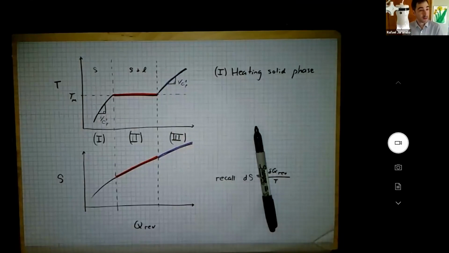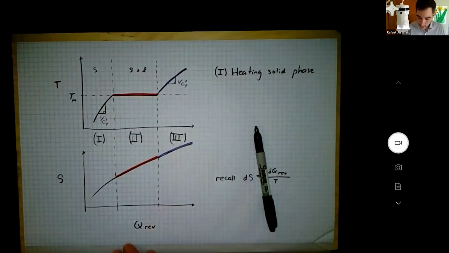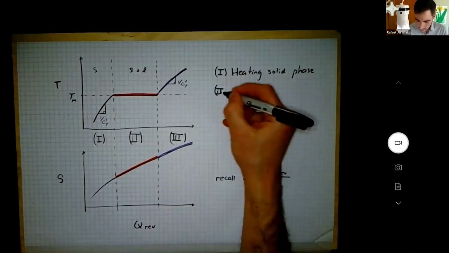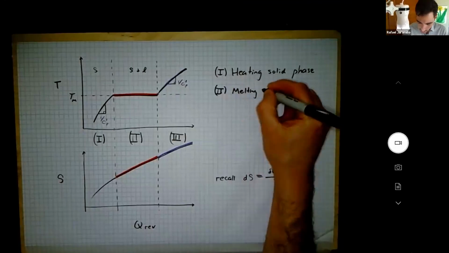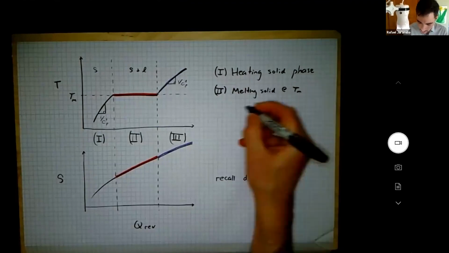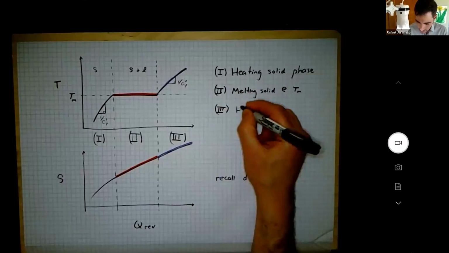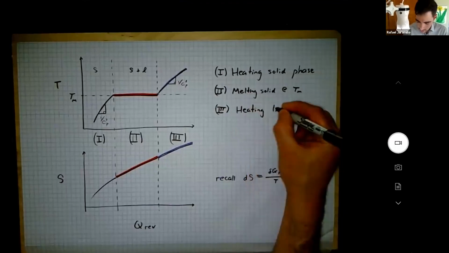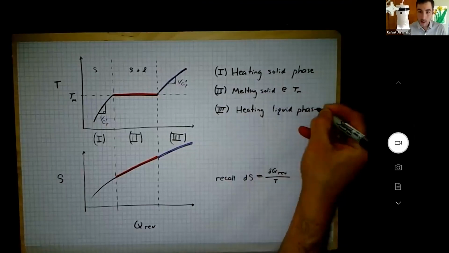And so you know these heat capacities can be temperature dependent. So there's some curvature there. Right, good. So step 1 was heating the solid phase. Step 2 is melting solid at the melting point. And step 3 was liquid. Okay, so that's good.